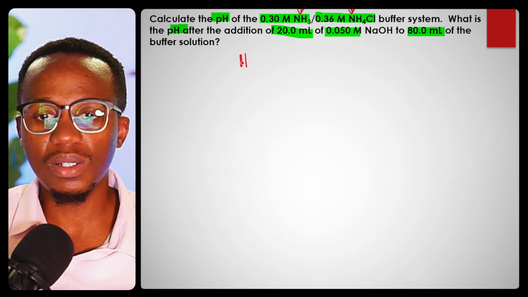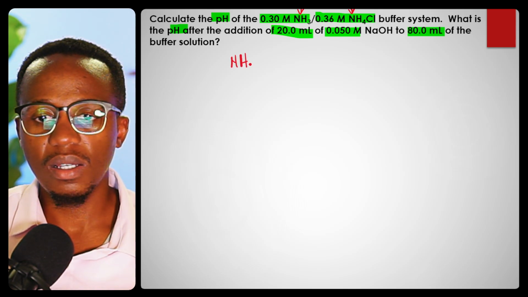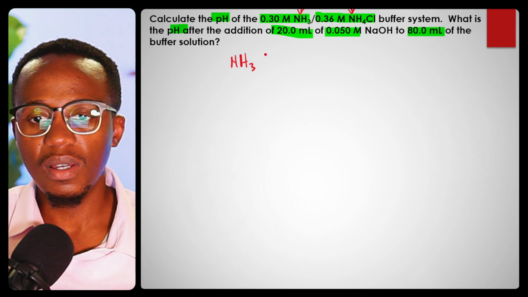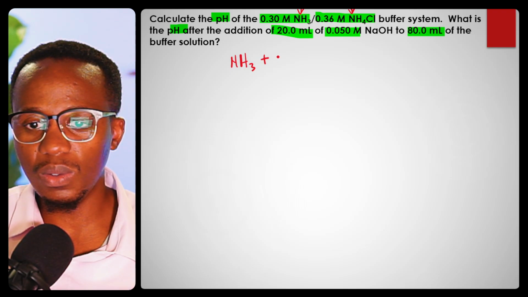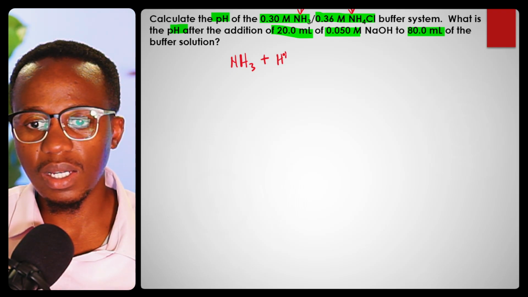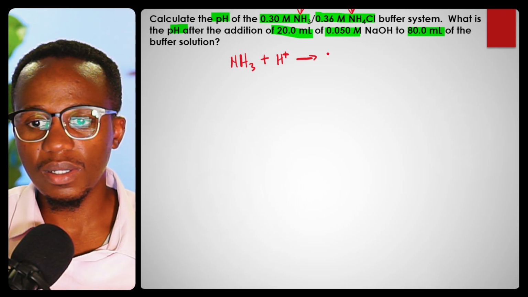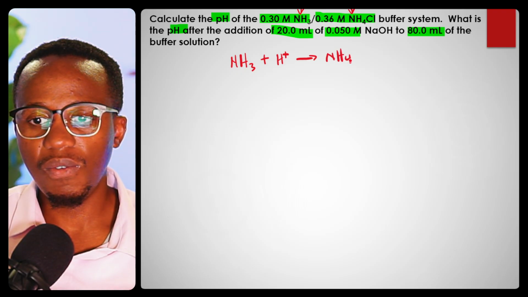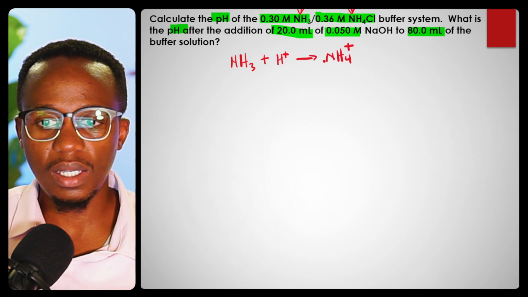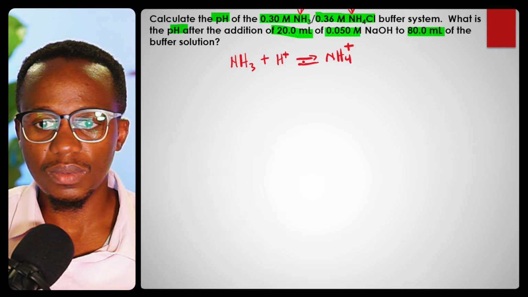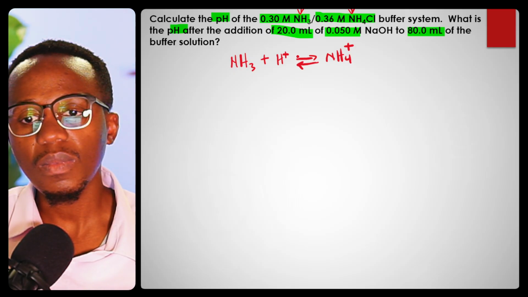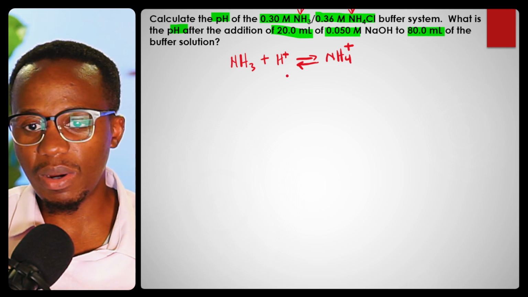So the reaction goes like this: NH3 plus H plus, right? Or H2O, right? Let me just give it H plus, right? Becomes NH4 plus, right? This is my buffer, right? This is my buffer.